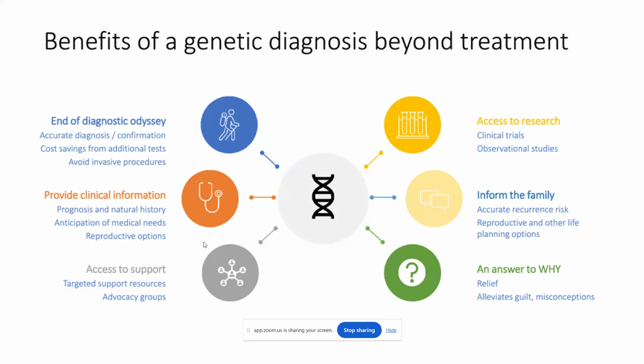This diagnostic odyssey is going to be extremely long in a genetic disorder or a rare disorder, due to many reasons. The first thing is decreased understanding of this entity by the parents, decreased understanding by the primary physicians, and also the tests are not as easily available as other tests you have.